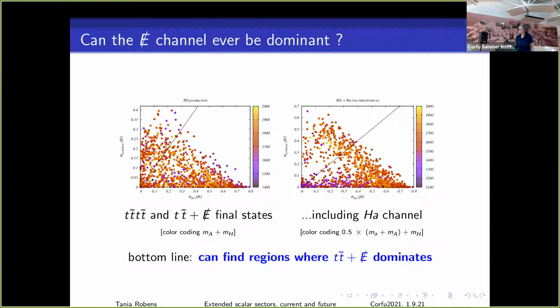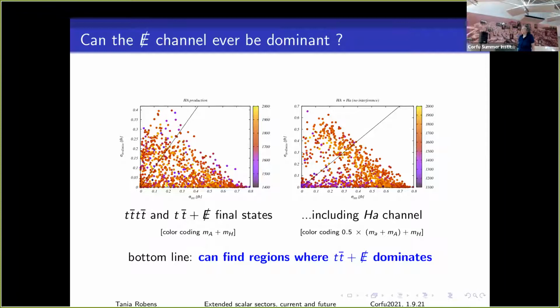Here I plot, for all allowed points passing a long list of constraints, the cross sections in femtobarn. This is t tbar at 3 TeV, and this is t tbar and missing energy. You see that you still have some parameter space where this new signature would be dominant.